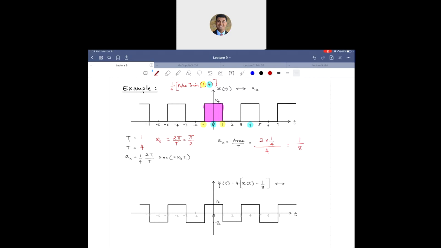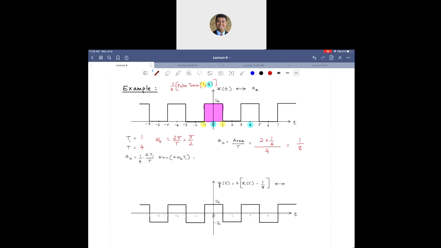So what is A sub k? A sub k is going to be, for the standard result, I have this: 1 over 4, 2t1 divided by t, sinc k omega naught t1. So I can use whatever I have found so far and substitute it in my standard result.